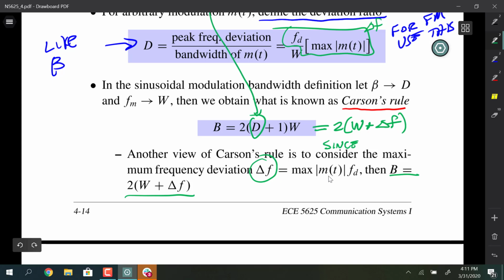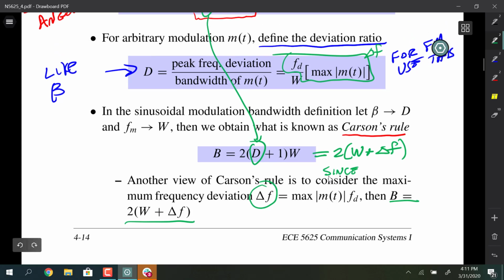You can get that by recognizing that... I'm going to go down here and write it out. How could we prove that? Well, what you can do is bring W out of there.